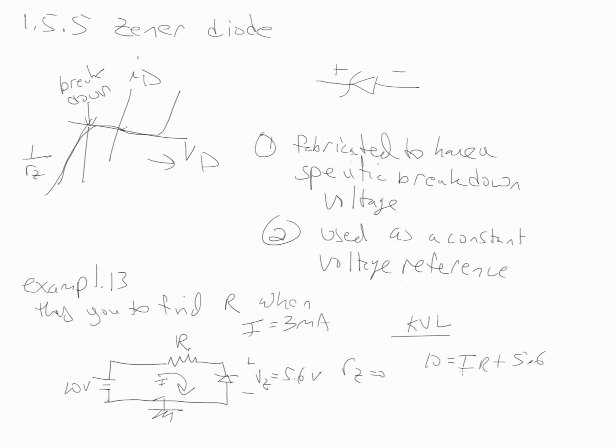So they give you the I here is 3 times 10 to the minus 3. So you just solve for R is equal to 10 minus 5.6 over 3 times 10 to the minus 3, which equals 1.47 kilohms. So that's it. End of the chapter.